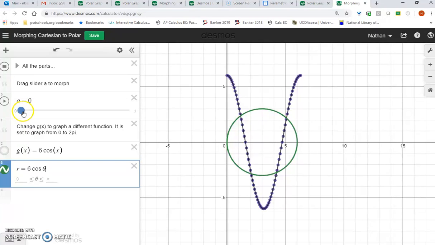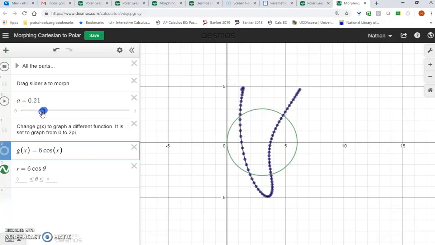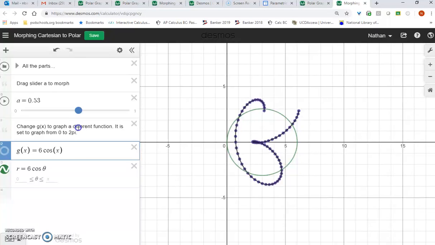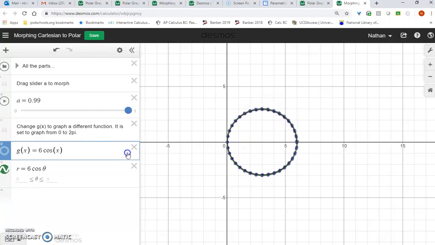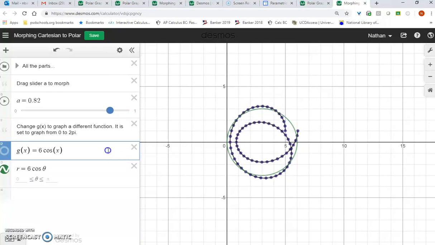Okay, here we go. This will help you translate from rectangular to polar. So this is really trying to represent the polar, but I'm drawing it in rectangular first. Now watch. Now, I need you to stare at some of these pieces.